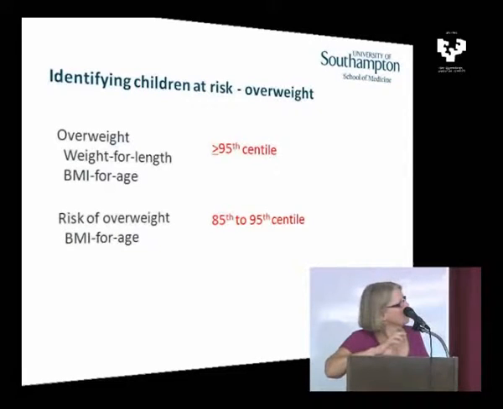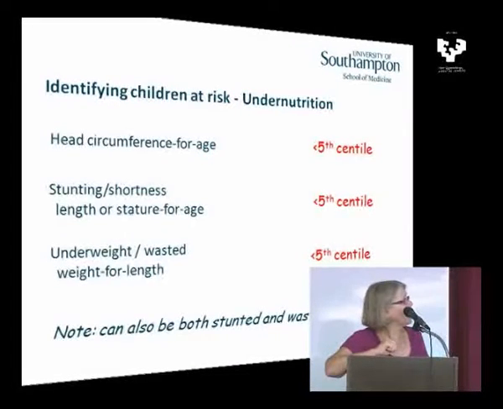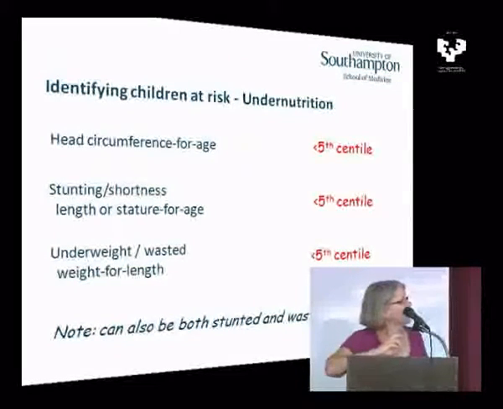So risk of overweight we can do by weight for length or weight for height or BMI for age. And if it's over the 95th percentile, then they're overweight. And the risk of overweight is a BMI between 85 and 95% of the centile. Undernutrition is the converse, but below 5%.